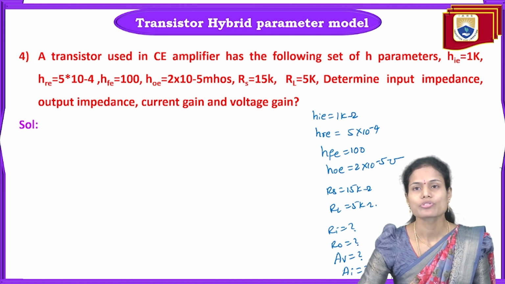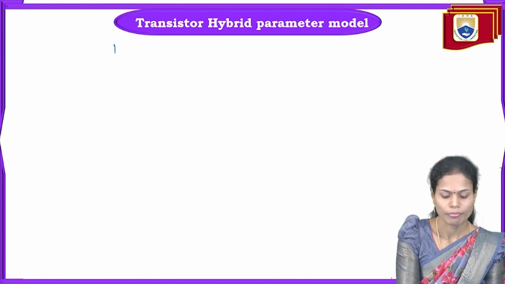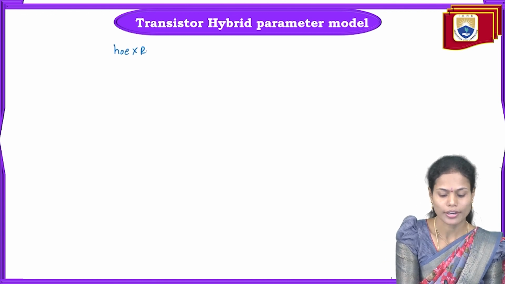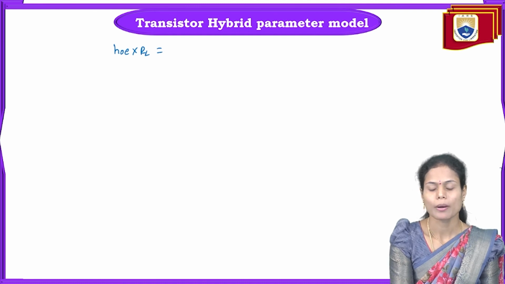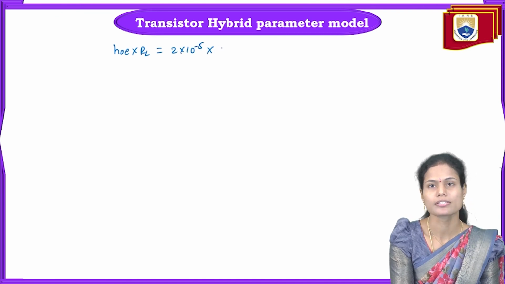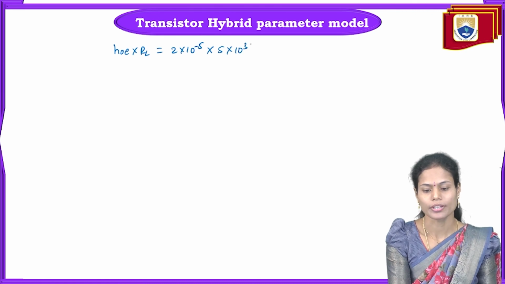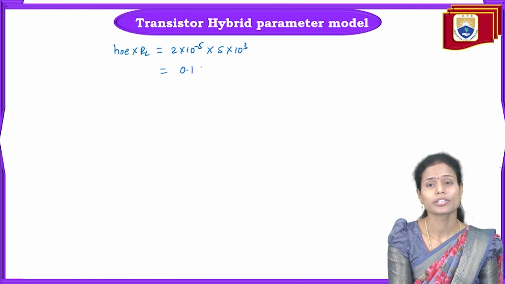So before going to solve the problem, first of all we have to find the value of HOE into RL to check for exact analysis or approximate analysis. So HOE value is 2 into 10 power minus 5, and the load resistance is 5 into 10 power 3 here. So if we calculate this approximately we will get it as 0.1.